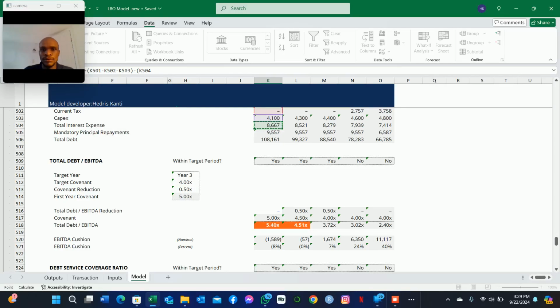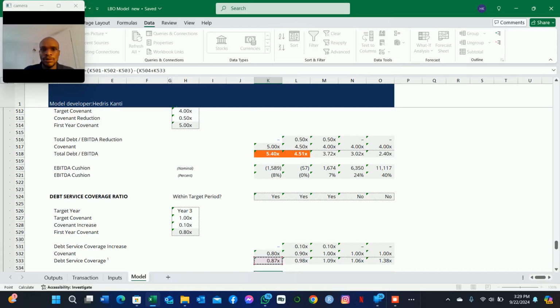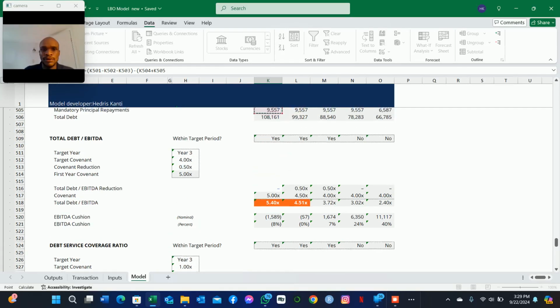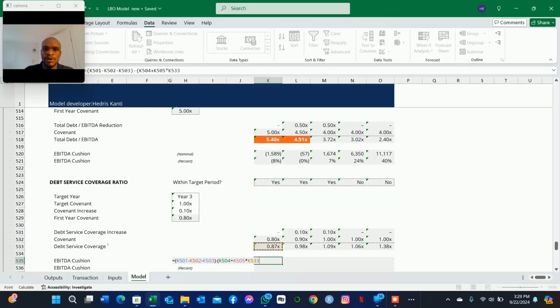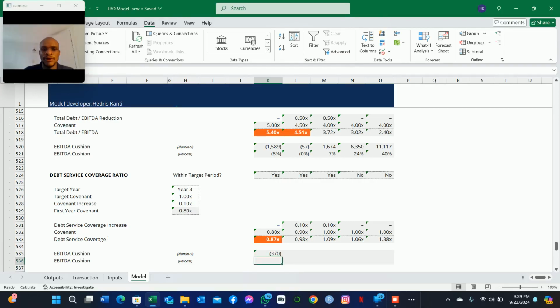So we take the interest and add together the principal, and then we multiply it by our covenant of 0.8 times. That's exactly what we are doing here to estimate the EBITDA quotient. I have to make sure that we're doing that right.